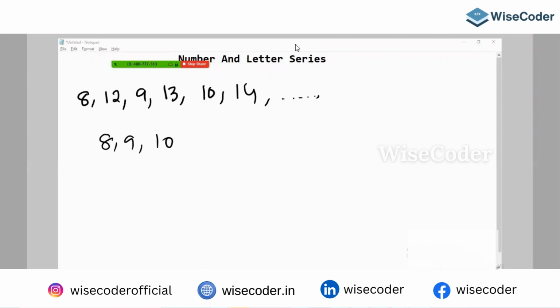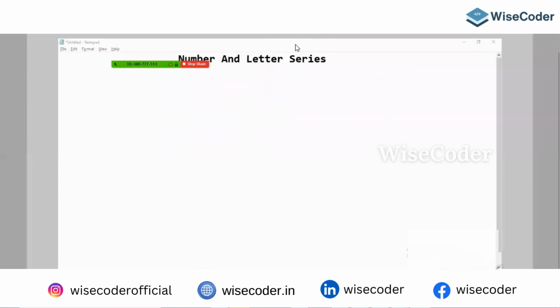It's a pretty easy one. Here both series are combined, two simple constant-difference series. Therefore the missing number will be the next term of the first series, since it is an alternate series. So next must be 11, because plus 1, plus 1, plus 1. Then 12, 13, 14, and the answer is 15.